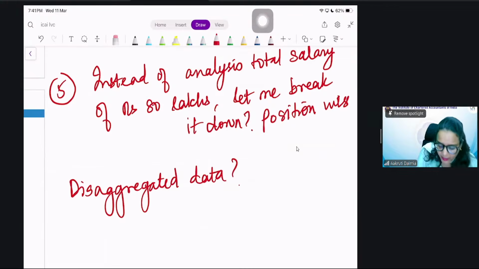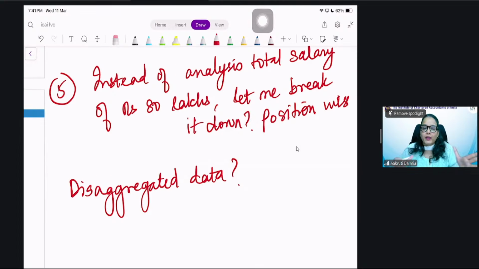What does aggregate mean, student? Aggregate का मतलब क्या होता है? Combined. So what will disaggregate mean? If aggregate means to combine data, disaggregate means to separate and categorize the data.